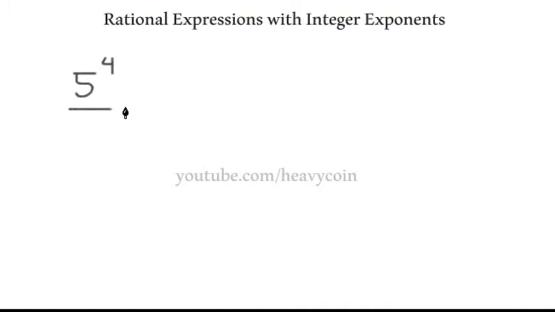Okay, now for an actual rational expression: 5 raised to the fourth power over 5 raised to the second power. Now I can take this denominator and move it up to the numerator, and when we do that, we change the sign of the exponent. It's a positive 2; when we take it into the numerator, it becomes a negative 2.